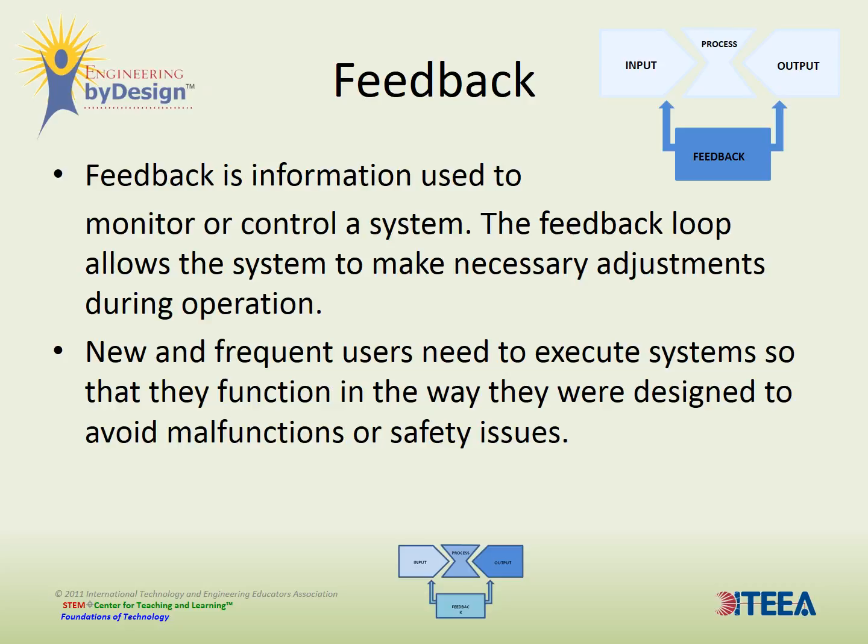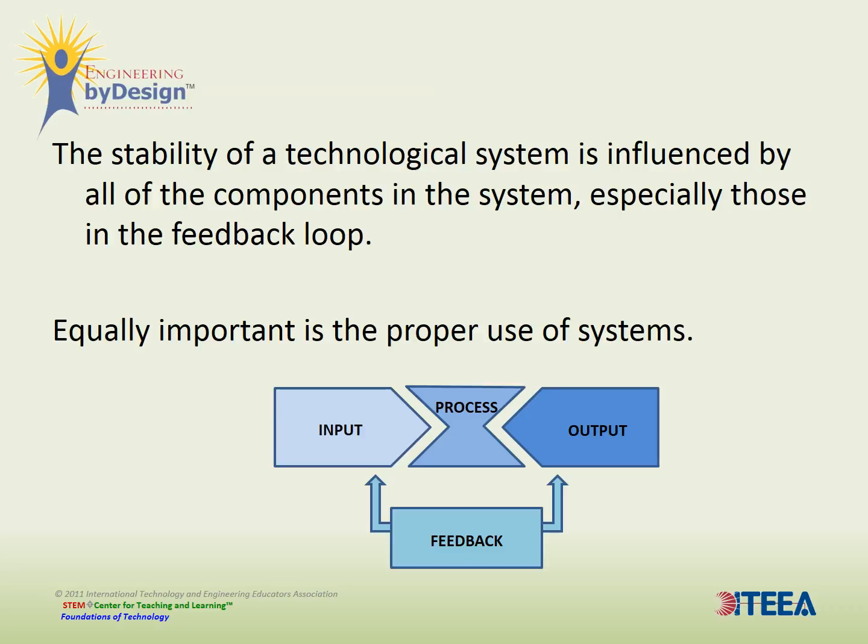You don't want to impact human life or animal life in any way. Now, the stability of a technological system is influenced by all of the components in your system, especially those in your feedback loop. So it's equally important to properly use your system.